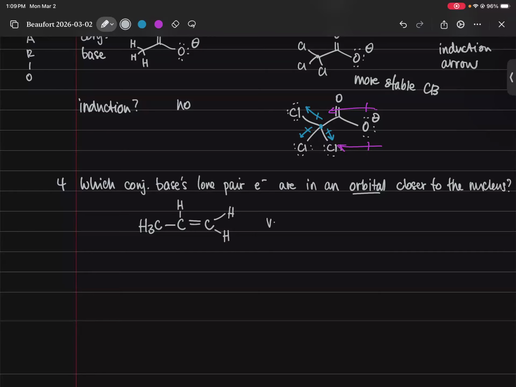So we have an alkene versus an alkyne, and we're going to compare these two protons.